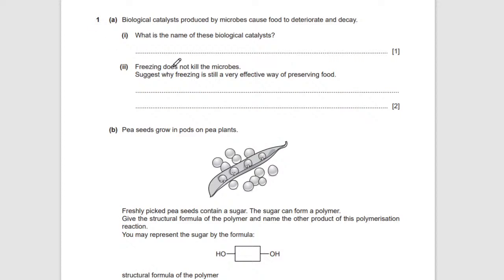It says that freezing does not kill microbes. Suggest why freezing is still a very effective way of preserving food. You've noticed that whenever we have leftover food, we put it in the fridge. Why do we do this? I'm going to give this example in relation to enzymes.